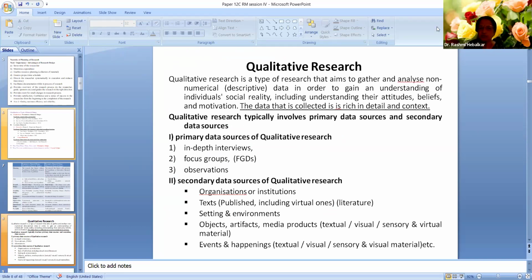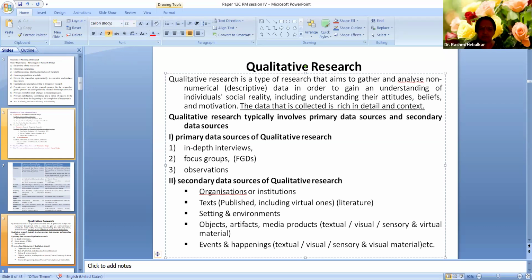Okay. So, qualitative research design. We have talked about it. Data is collected, which is very rich in detail, which is very rich in content and context.